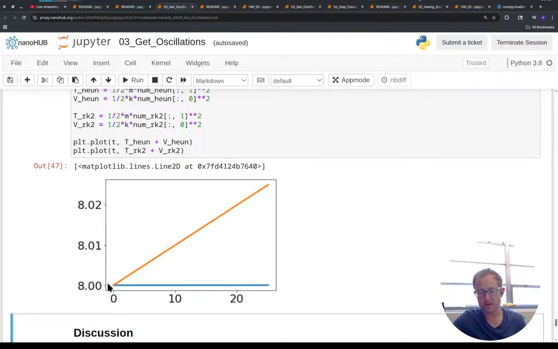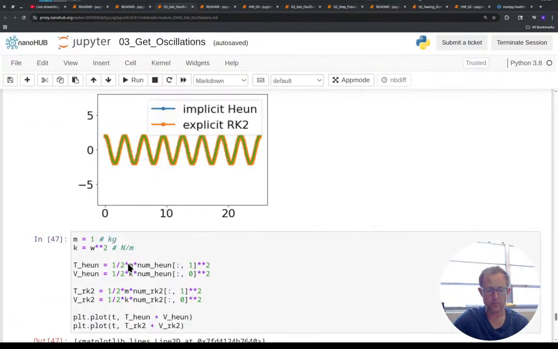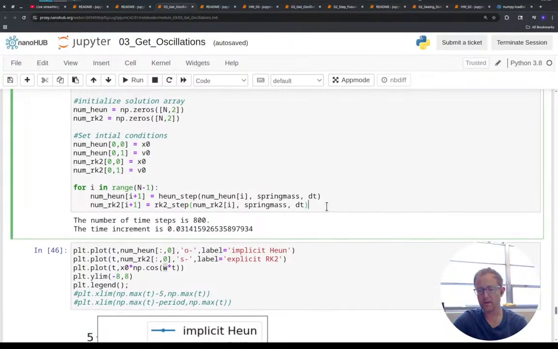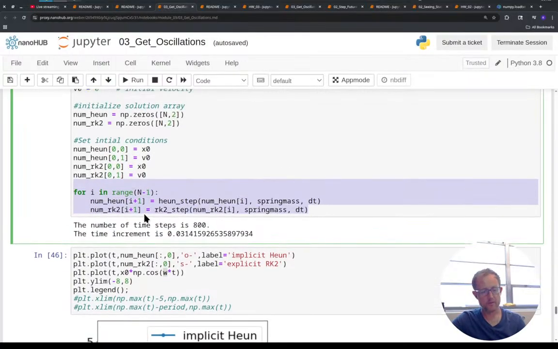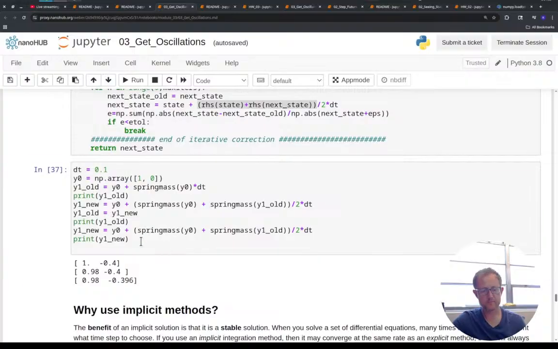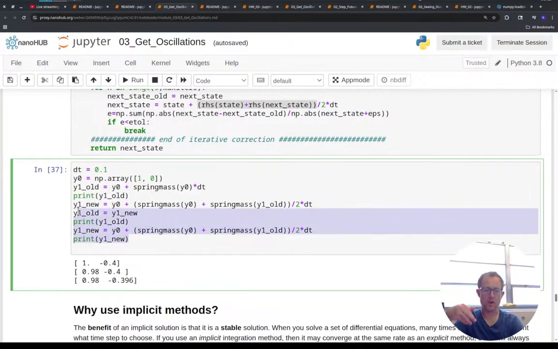Meanwhile, with implicit methods, for the most part, it's always conserving energy because it doesn't move on to the next step unless it converges, like we were working on up here. You keep trying this, you keep saying y old, y new is y old, you keep going back and forth until these numbers reach a certain error.